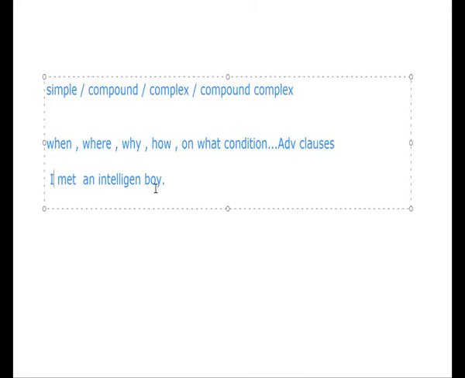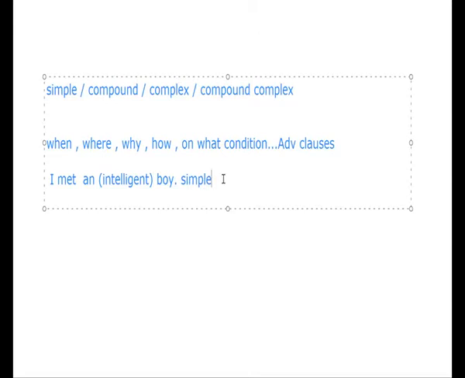This is a simple sentence, obviously, because there is only one verb, one subject. From capital letter to the full stop, I have one subject, one verb. So this is a simple sentence. In this, if you observe, this is an adjective which I have given with a single word.